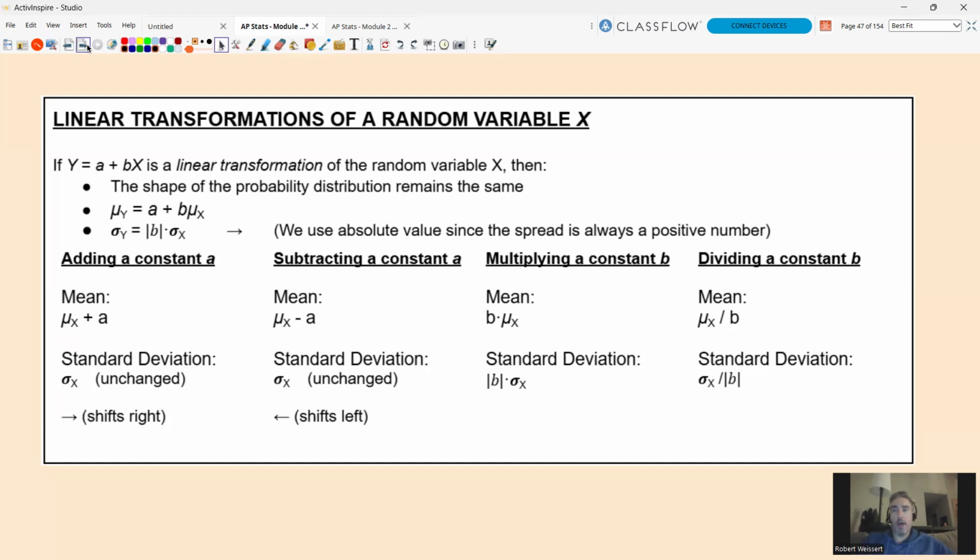Notice also that in the formula notes I have here, the multiplication has an absolute value around it. That's just because if you multiply or divide everything by a negative number, it doesn't affect the spread. Standard deviation is always a positive value, so we just look at the positive when you multiply or divide by numbers.